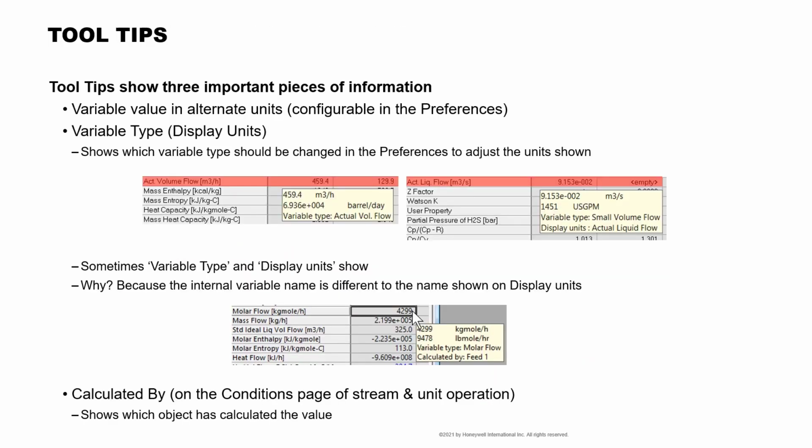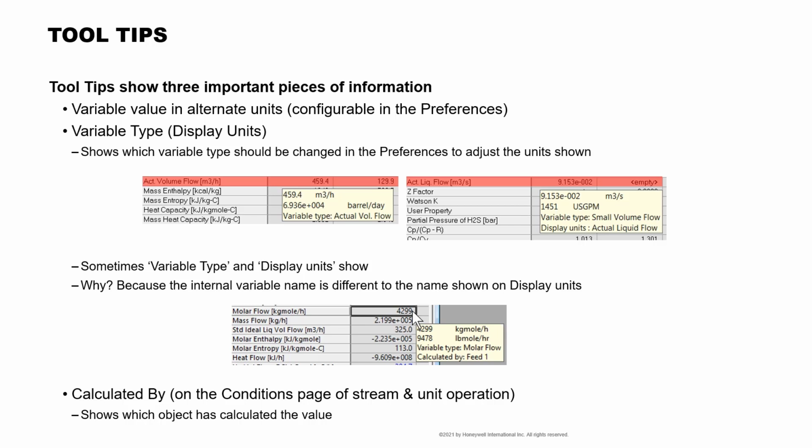Tooltips are the small yellow panels that appear when you put the mouse pointer over a value. They show three important pieces of information. First of all, they show the variable in different units, and you can configure which units they are in the preferences. Then they tell you the variable type. Now this is particularly useful if you're looking to change the preferences, to change the units that UniSim Design is using to show those particular variables.